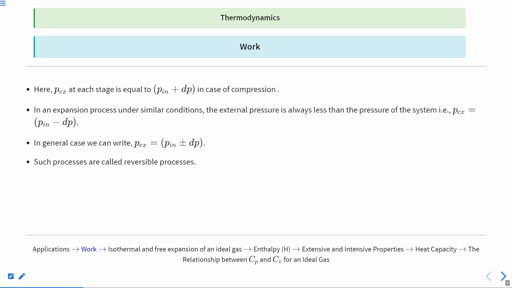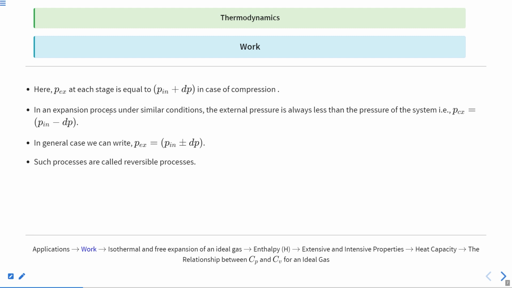Again I am repeating it. Initially suppose your internal and external pressure are both equal. Now you have applied a very small pressure, that is dP. If I write your P external in terms of P internal, initially P external was P external 1, and now your new P external will be equal to the internal pressure plus the dP amount of pressure that you have applied.